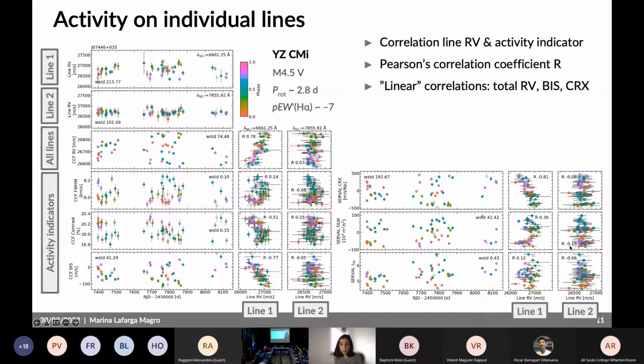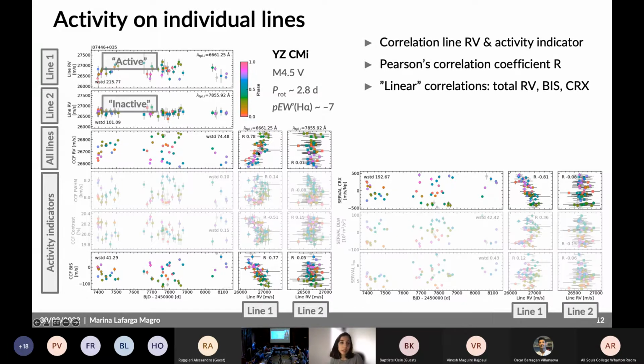And the first thing that we notice is that, again, some of the indicators tend to show correlations that look kind of linear, and in this case, these are the correlation with the total radial velocity, the bisector of the CCF, and the chromatic index.